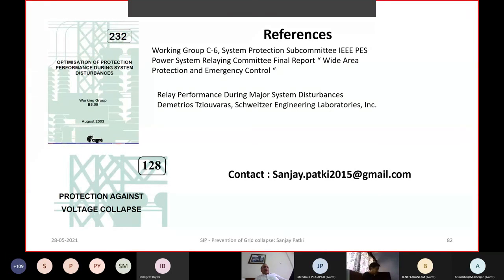Zone 2 will be at least 300 or 350 milliseconds, and more than LBB. So between 200 to 350 milliseconds, you can keep the time delay. In many cases, what I find in our transmission companies is that the reverse zone setting is given as 1 second, which is not right actually.